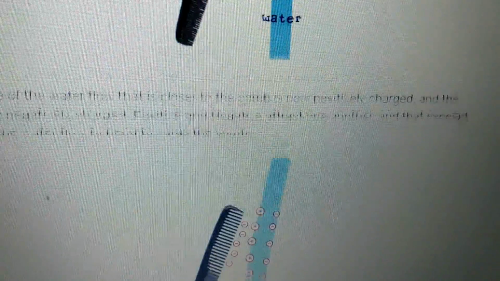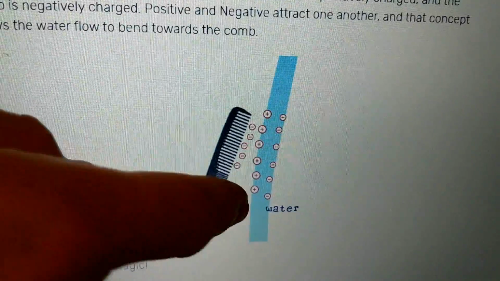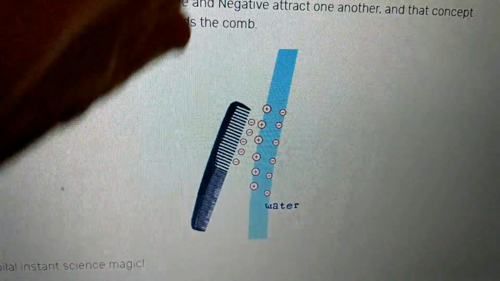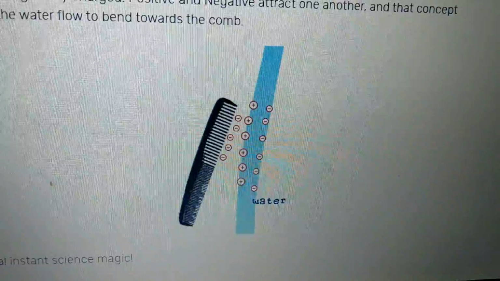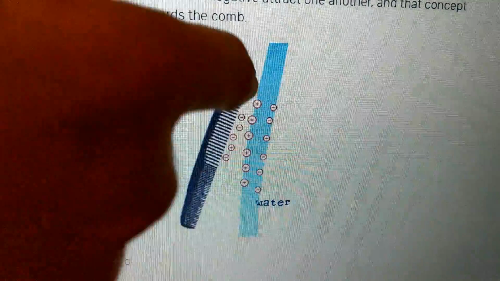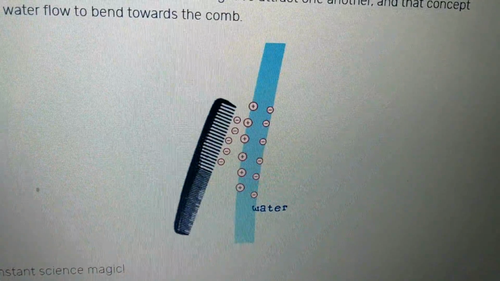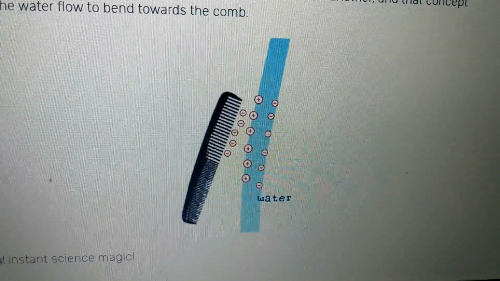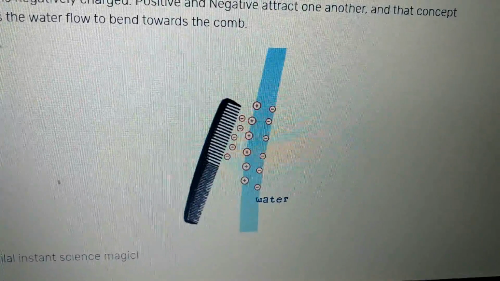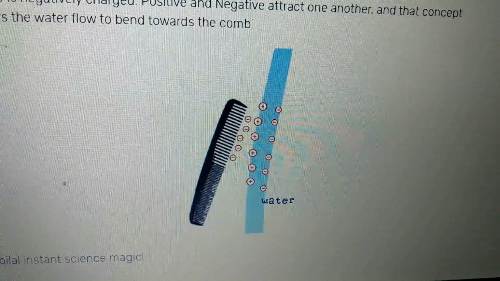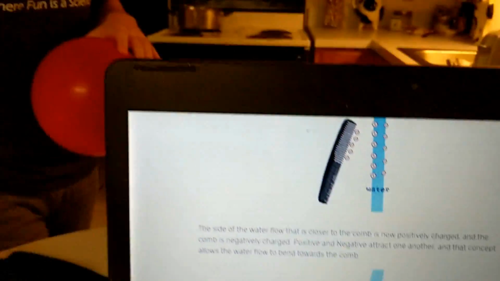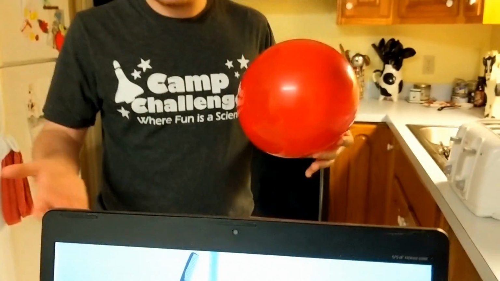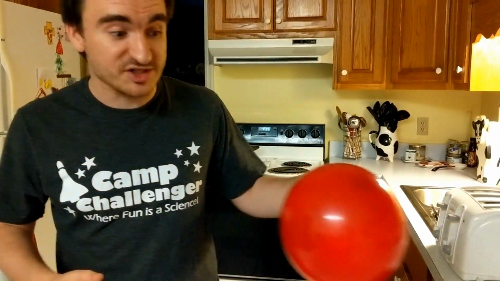Okay, and then when you bring the comb even closer, the positively charged particles closest to the comb or balloon are of course attracted to the negatively charged particles in the comb or balloon, and that causes the water ultimately to bend toward the comb or balloon, whichever one you have at home. Pretty cool stuff, right? It's pretty basic, but it's very, very powerful what's going on here.